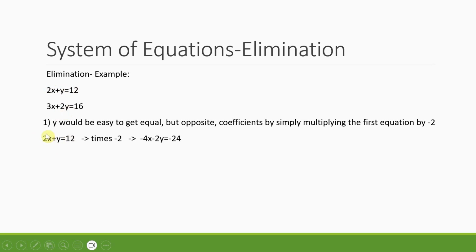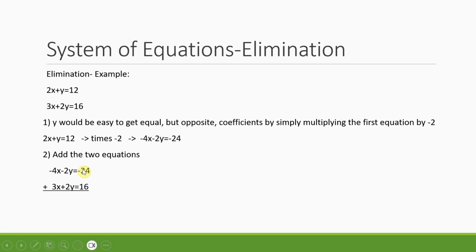So again, here's my first equation, the 2x plus y equals 12. I'm going to multiply everything here by negative 2. So that 2x becomes negative 4x, plus y becomes minus 2y, 12 becomes negative 24. So this is my new first equation, and I still have my second equation. And now I add them.